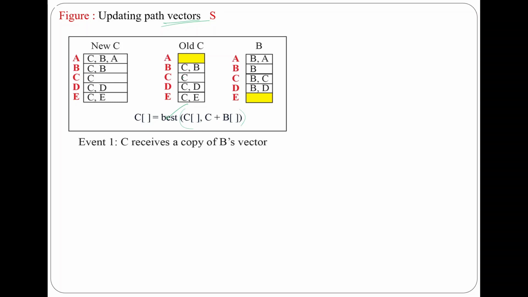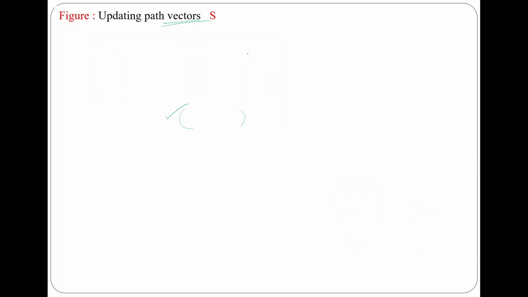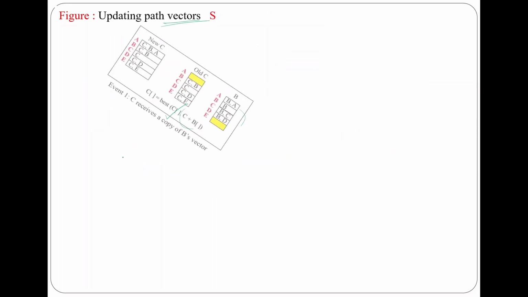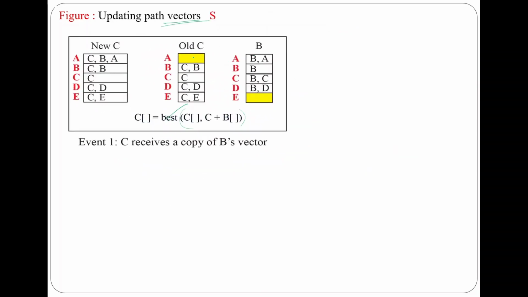This is the old value, from C to A. C to A is not an immediate connection, but A is the immediate node of B.